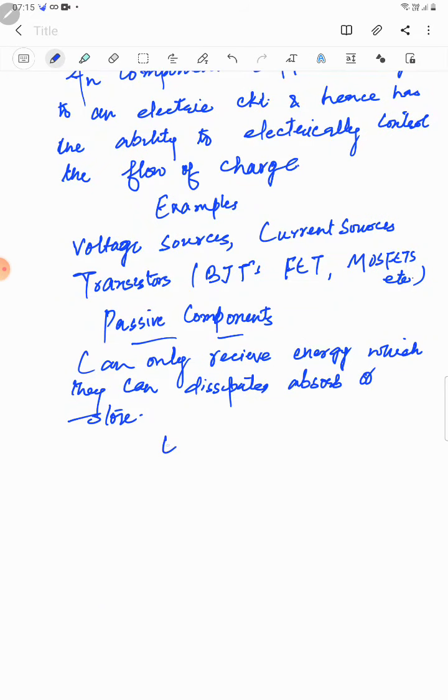Examples of passive components are resistors, inductors, and capacitors. They receive energy, and they either dissipate it or store it. That's it. Resistors, inductors, capacitors, even transformers are passive components.